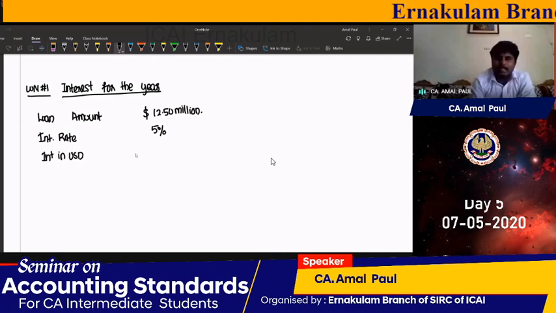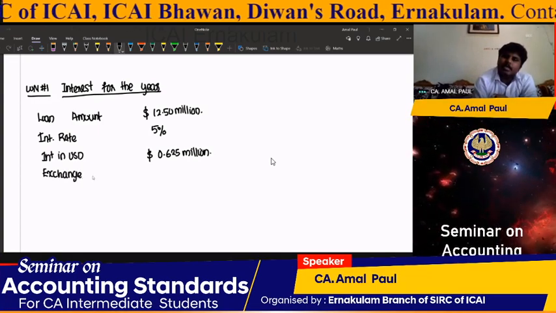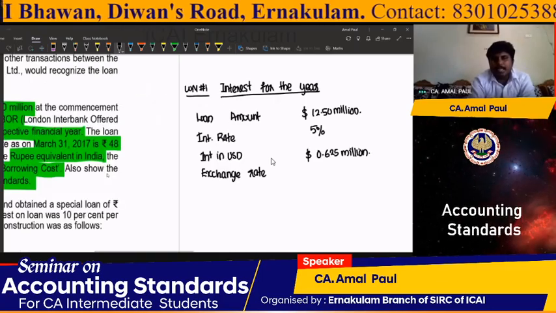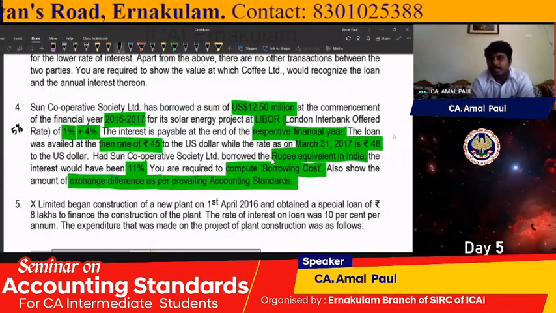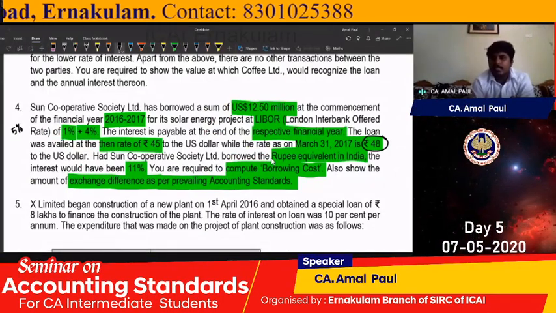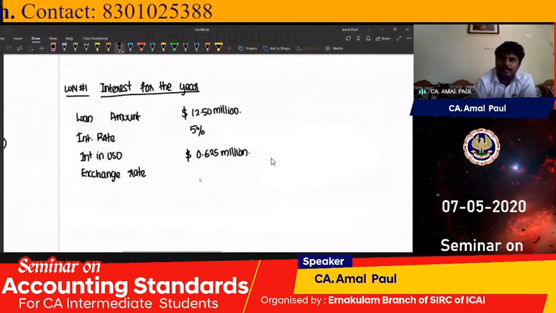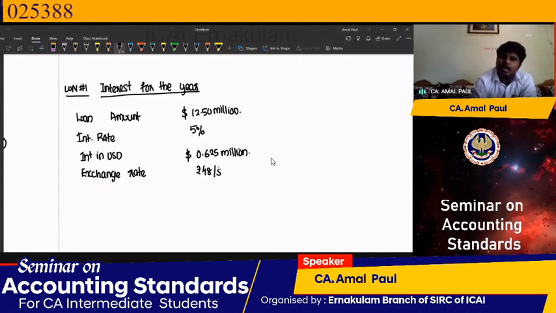You will pay this at the year end, so we have to consider the exchange rate at the date of settlement, which is 48. So rupees 48 per US dollar.